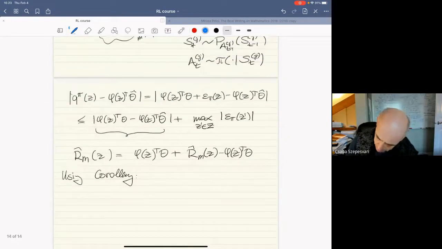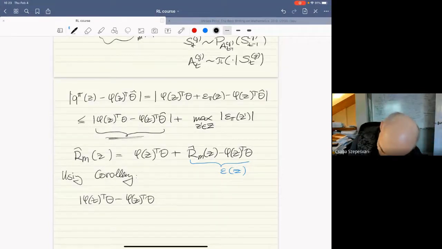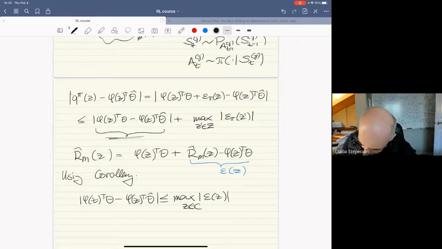Now these are the epsilons. There is no pi here, it's the only difference. So the corollary says that this guy we are interested in is smaller than or equal to the maximum error over this set C times square root d.